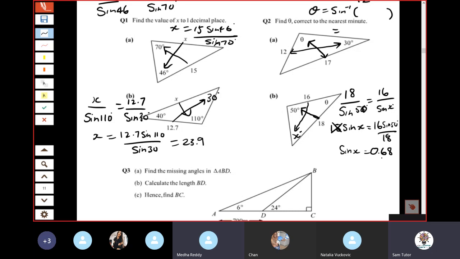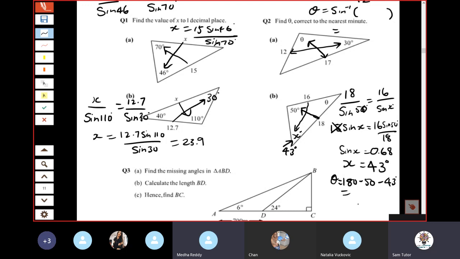And then inverse sine. You get about 42.9, which becomes 43 degrees. So now you know this is 43. And what can you tell about theta? 180 minus 50 minus 43, and then 87.